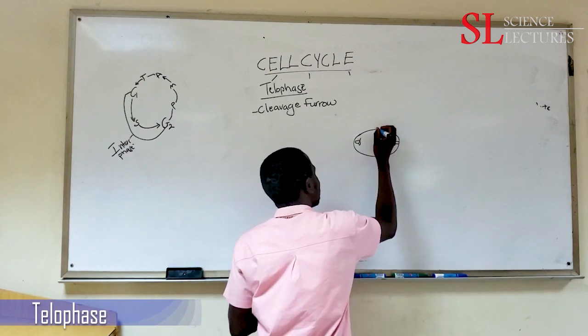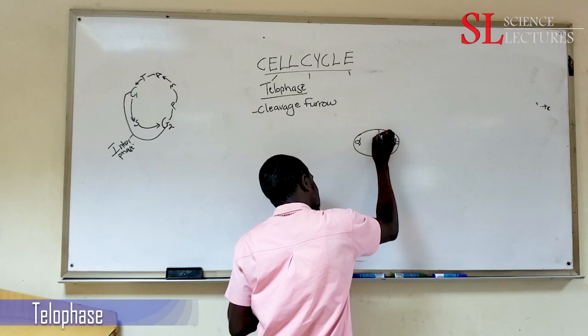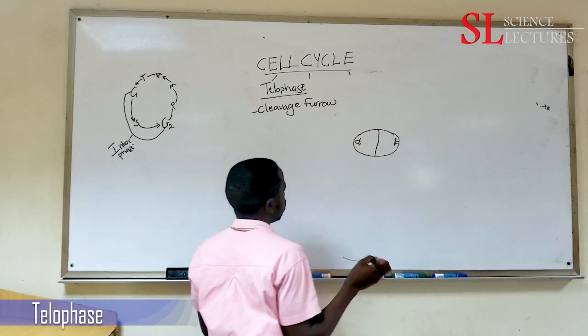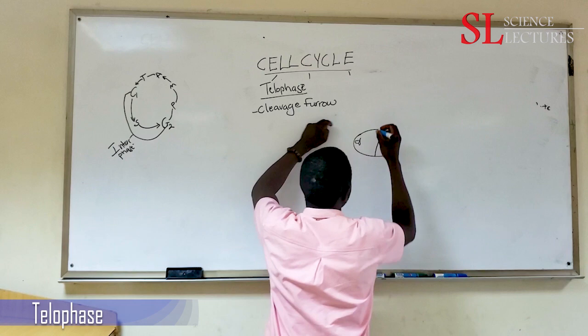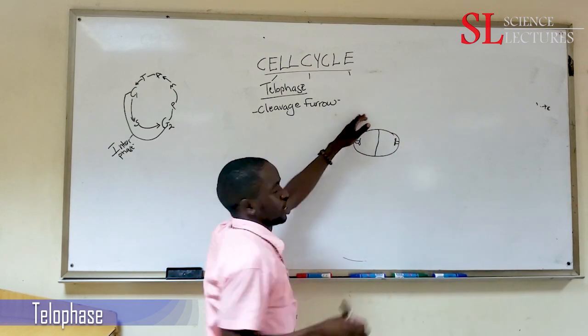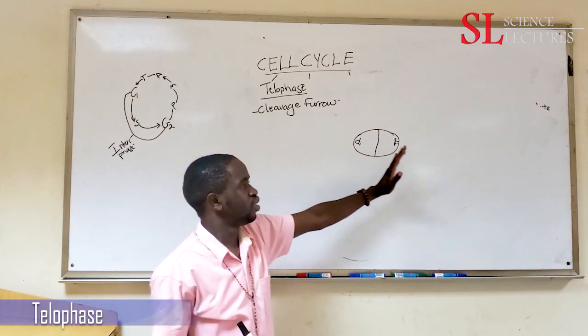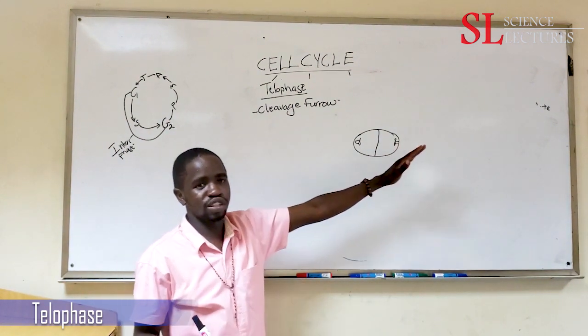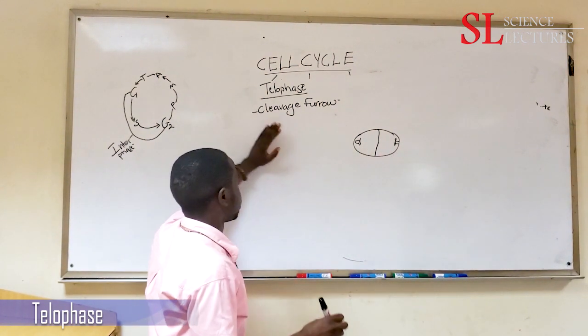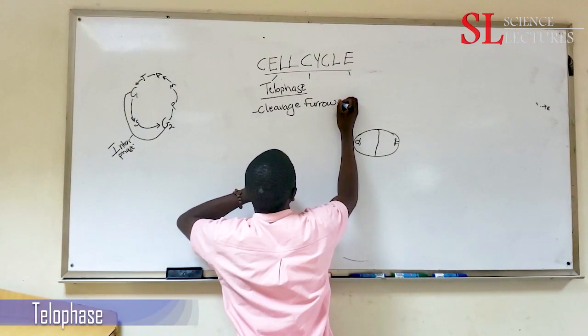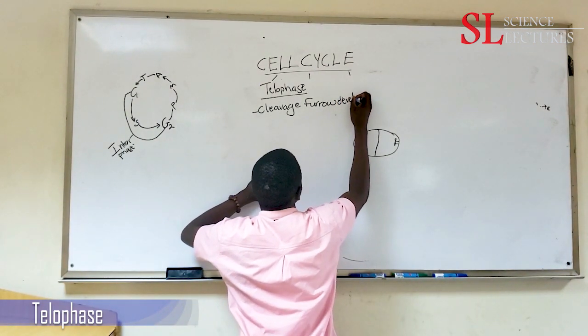Then there will be something in between here that will separate the two, what we call the cleavage furrow, and it usually develops in the place of the metaphase plate. So the cleavage furrow develops in the place where the metaphase plate originally was. That is number one, the cleavage furrow develops.